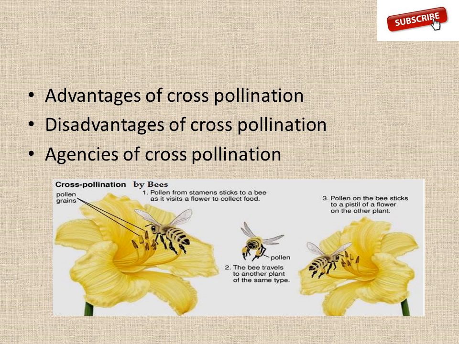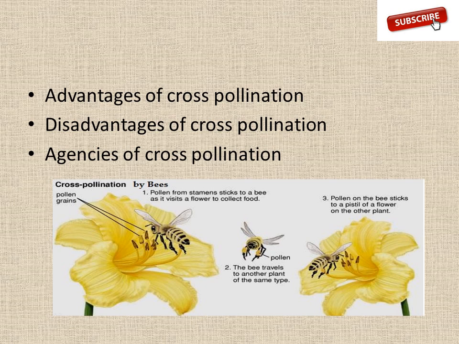Now coming to the advantages of cross-pollination: the offspring are more vigorous, variation is produced continuously, and new improved and more adapted varieties can be produced. While the disadvantages are that pollination is not definite and is dependent on pollinating agencies such as wind, water, and insects.